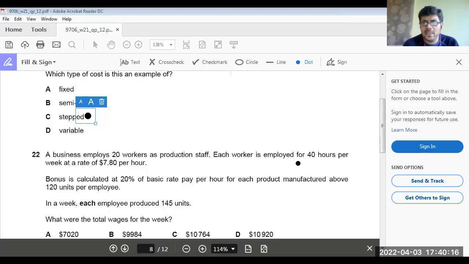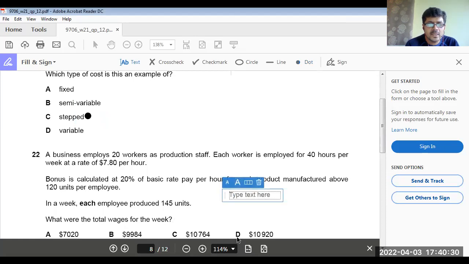Okay, now class, this question is analytical. This is, I think, a very important question in this paper. I must solve it for you here. Now, 20 workers multiplied by 40 hours multiplied by 7.8. That would make the basic cost 6,240.